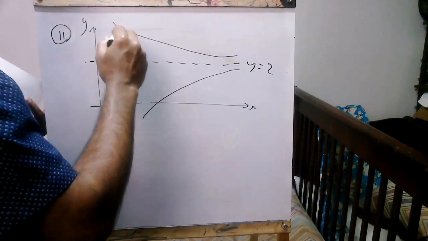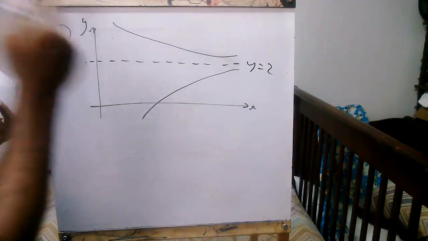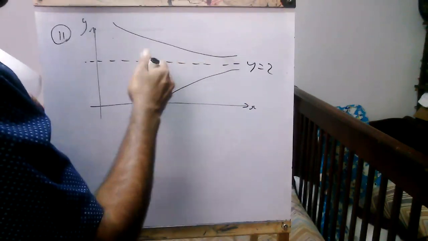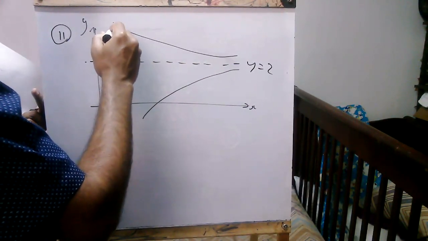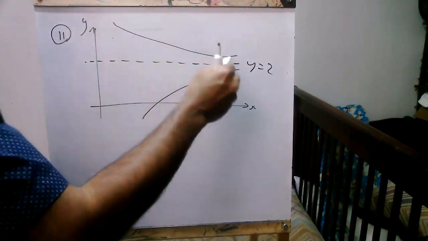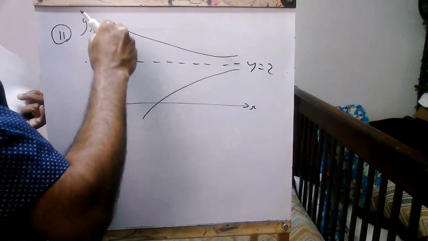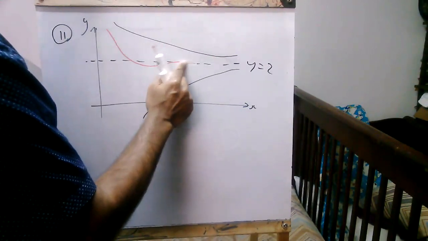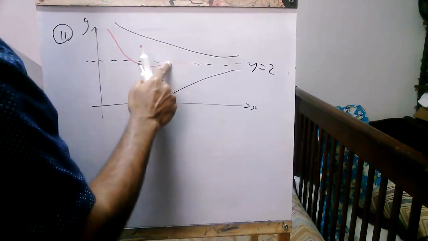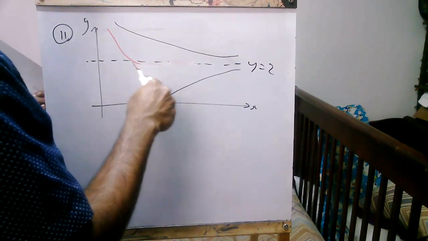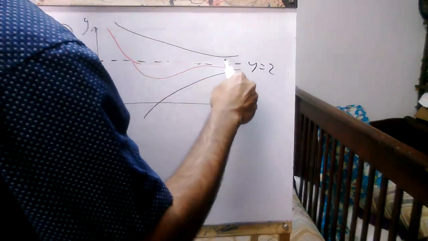We discussed that in the case of a horizontal asymptote, the function can intersect the horizontal asymptote. So it could be like this, the red line getting closer and closer.